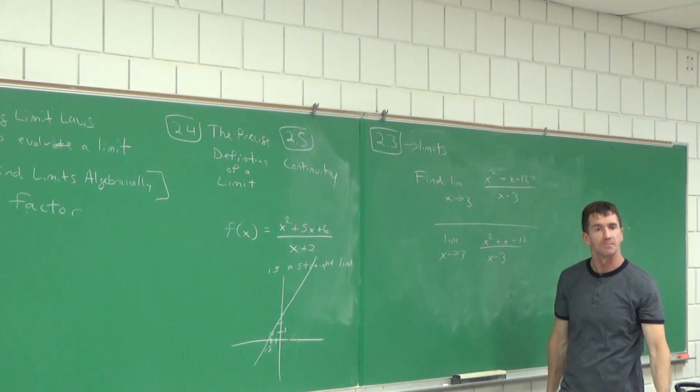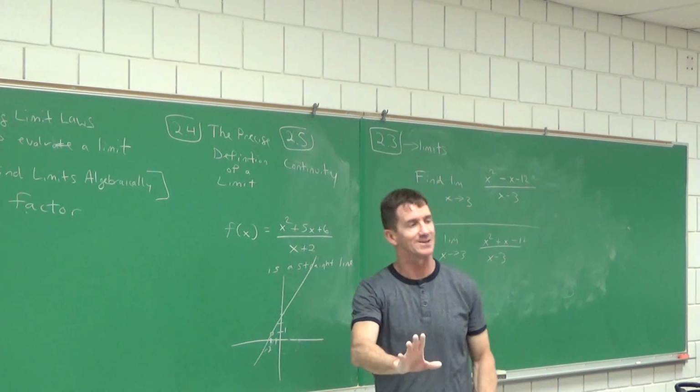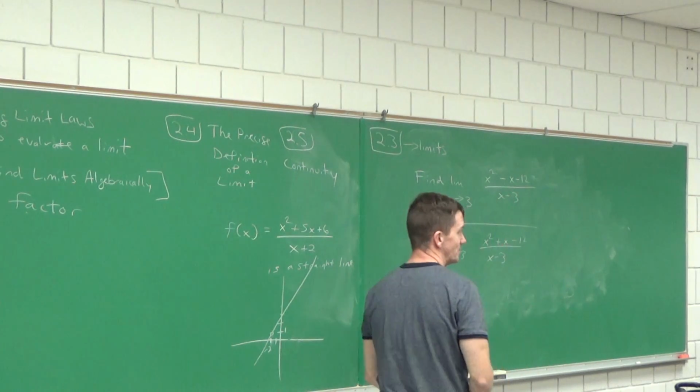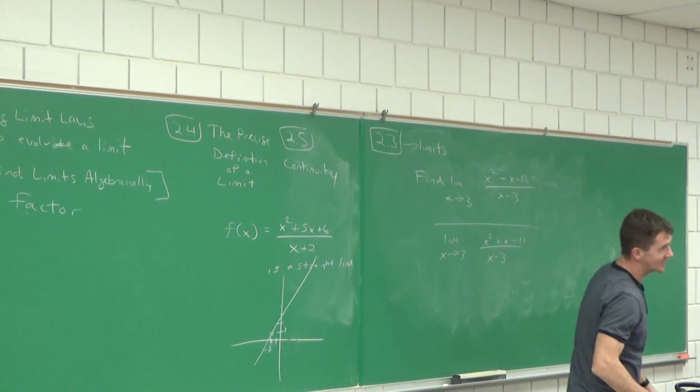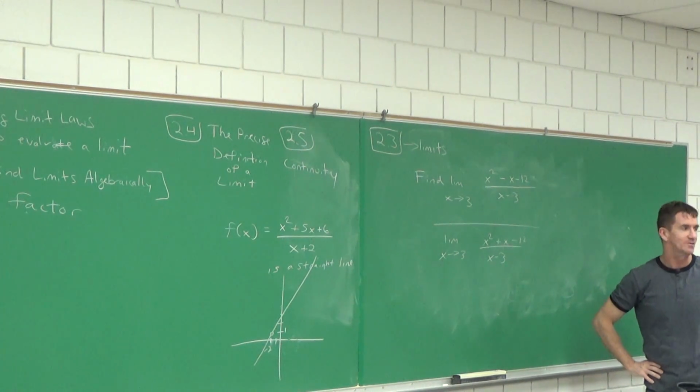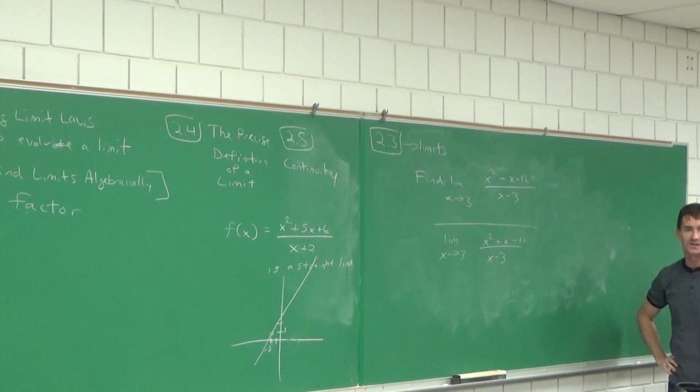It does look like the same problem, doesn't it? I'm trying to emphasize, always check first before you start manipulating to see if you get 0 over 0. Don't manipulate unless you get 0 over 0, right? Always check. You get a number, that's it. You get something over 0, 5 over 0, DNE.